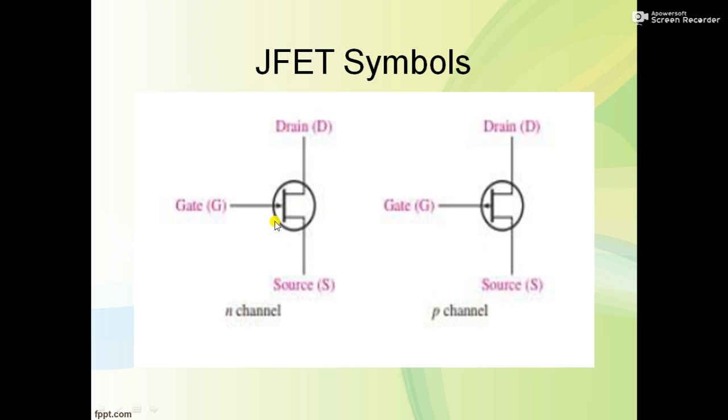In P channel, the arrow direction is the outward direction. Based on the direction of this particular sign, we can identify the N channel JFET and the P channel JFET.